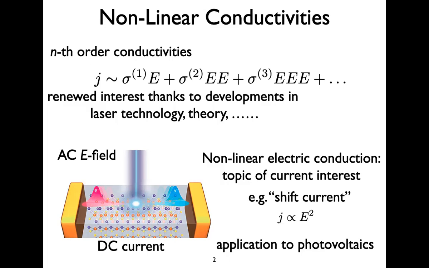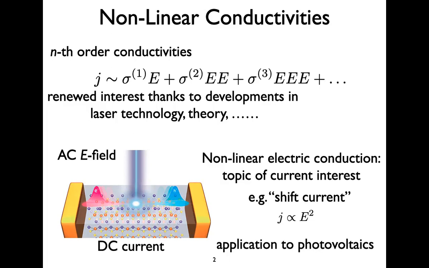But if you have such a second order effect, the electric field changes sign from positive to negative, yet you have current induced in one particular direction. So even after taking the long-term average, you can produce current. So with this second order effect, the material can work like a photovoltaic cell.